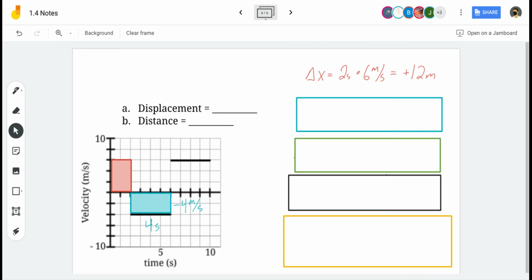But here, remember that negative sign just means that the object is moving to the left for these 4 seconds. So when we calculate the area of that blue rectangle, we multiply them just like any base and height, and we get that the area is negative 16 meters. That means that in 4 seconds, that person ended up 16 meters left of where they started.